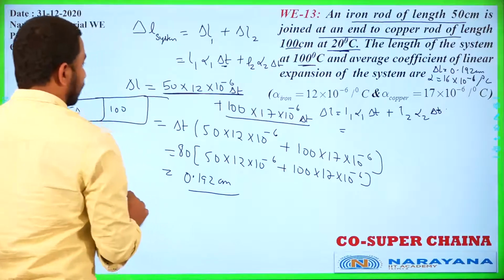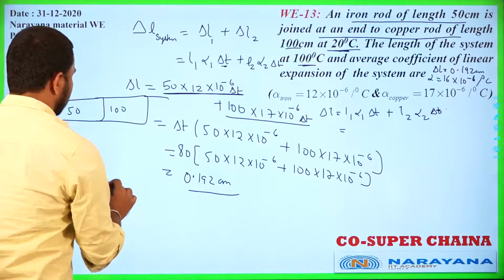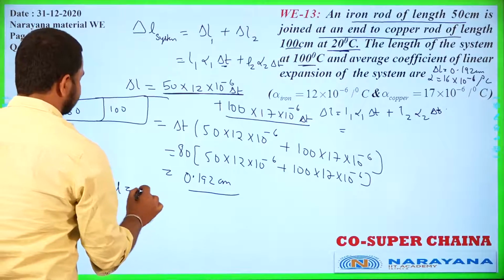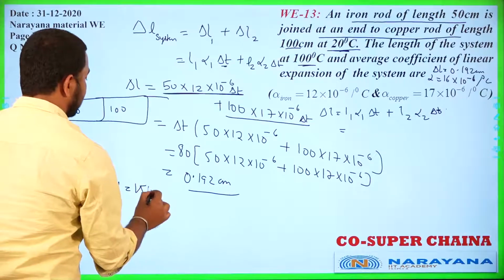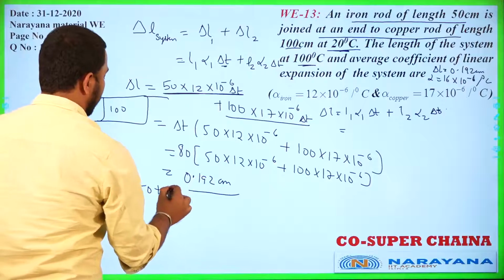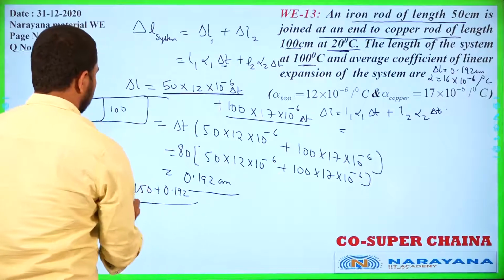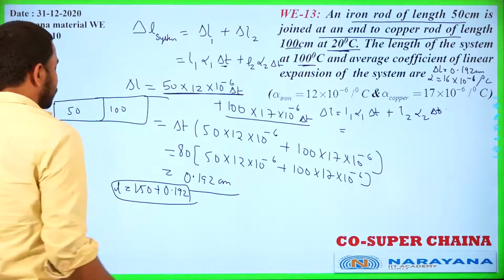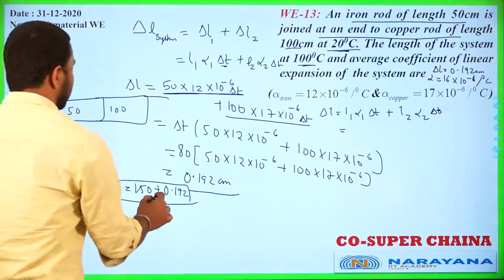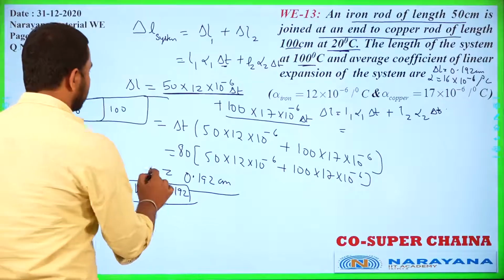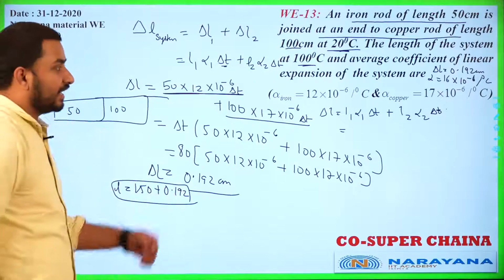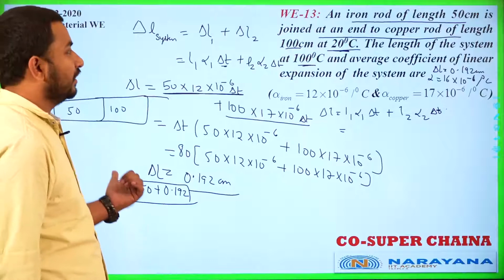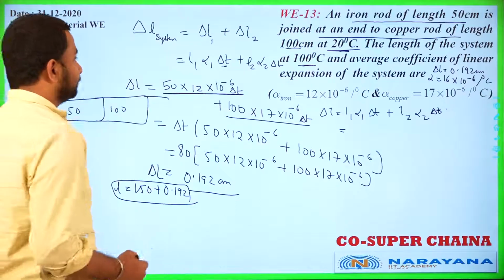So this rod of length 150 will change to 150 plus this 0.192. This will be my new length, and this is my delta L. Now I need to calculate the value of alpha.